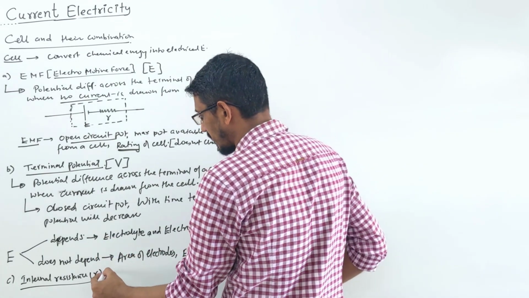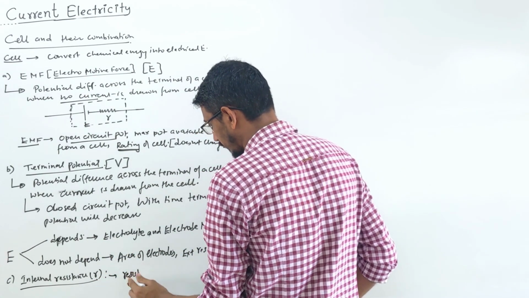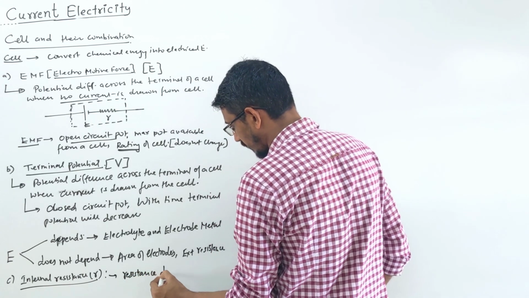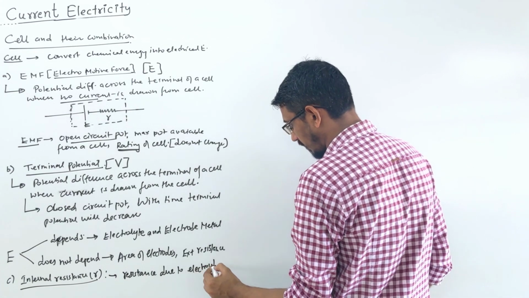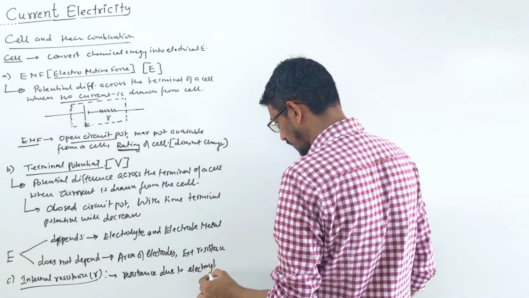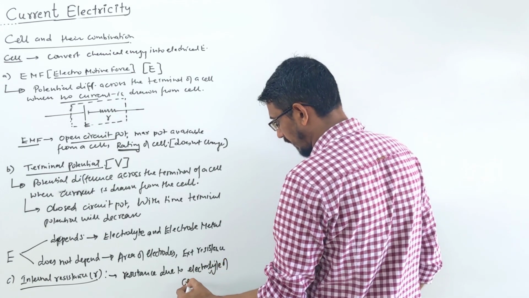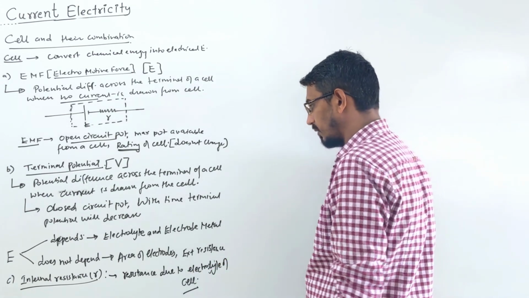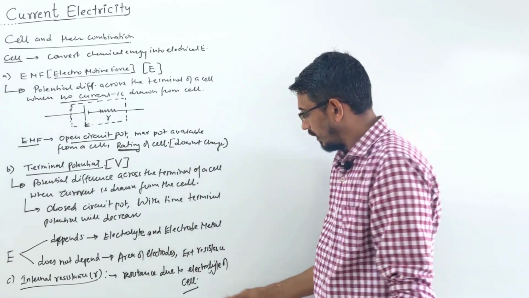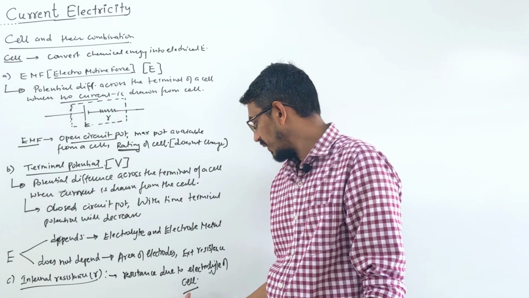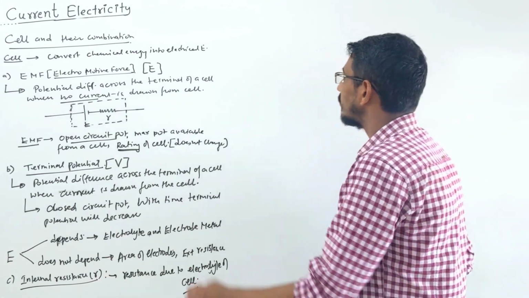This is simply the resistance due to the electrolyte of the cell. The resistance due to the electrolyte of the cell is called internal resistance, right?